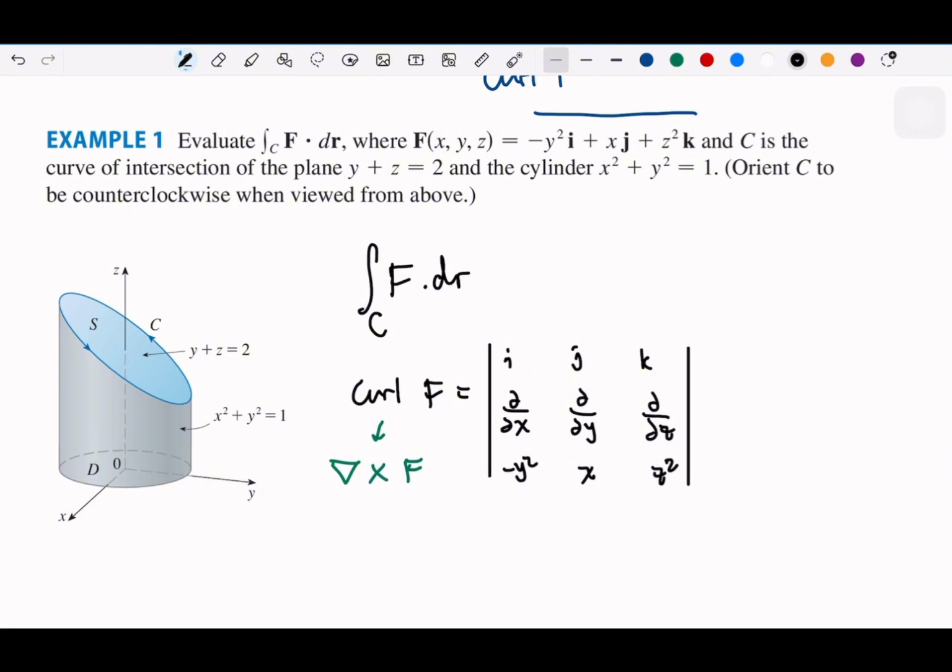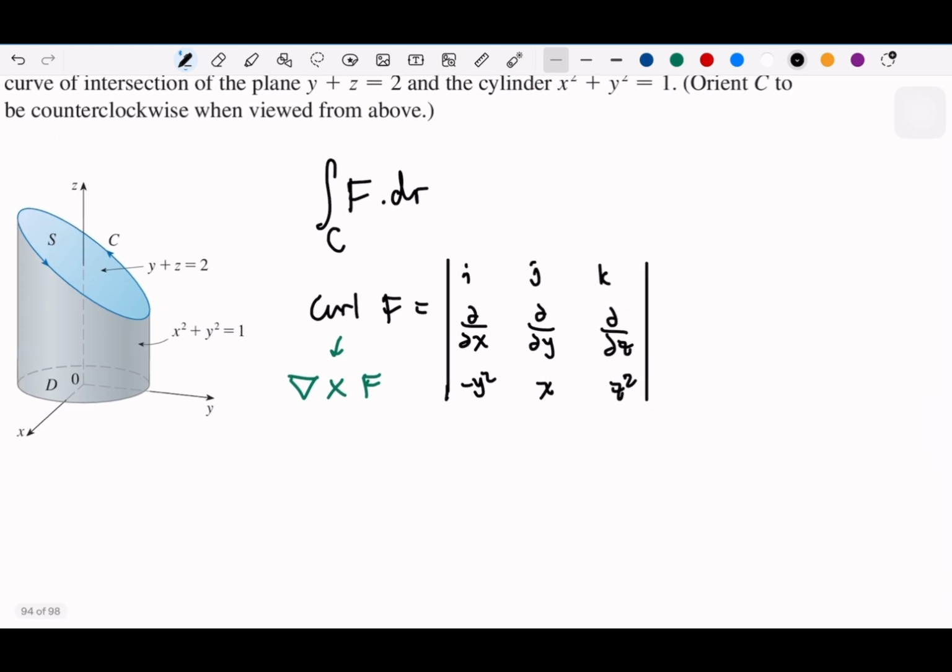Some parts of the curl will be 0, for example partial y of z should be 0. We'll skip some process here, and you get the final curl, which is along k, (1 plus 2y)k.